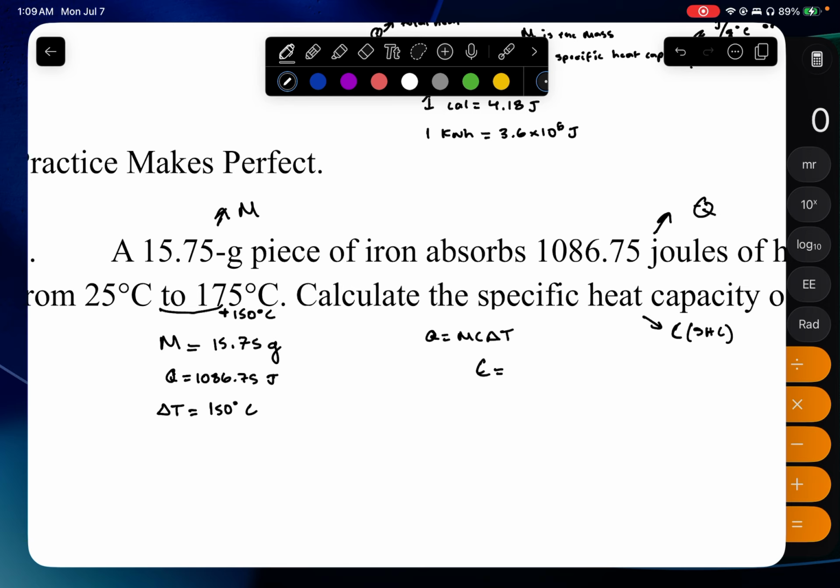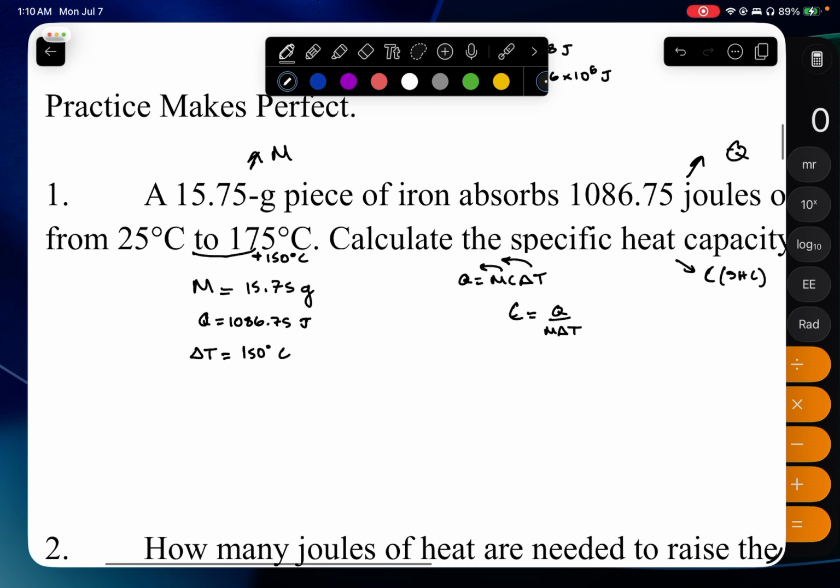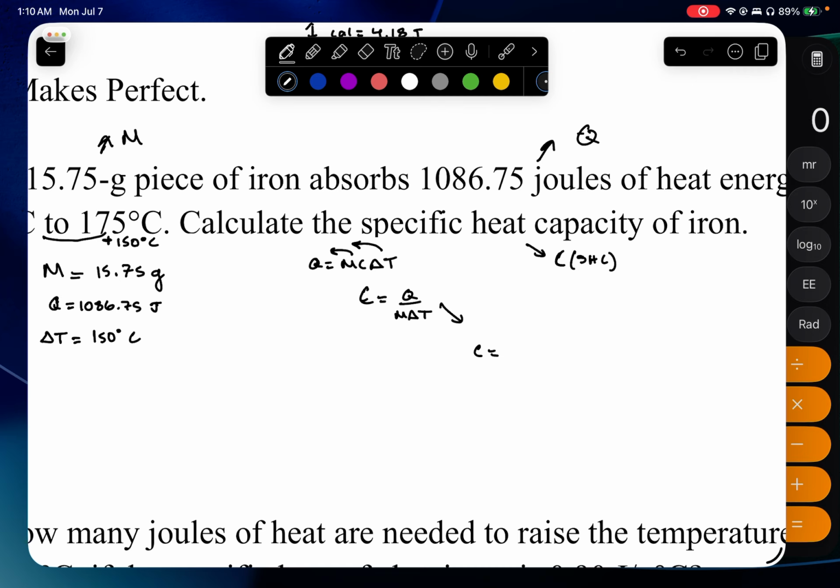So C is equal to Q divided by M delta T. Now, we're given all of these units over here, so we can just plug them in really. C is equal to 1086.75 joules over mass, which is 15.75 grams, times 150 degrees Celsius change of temperature.